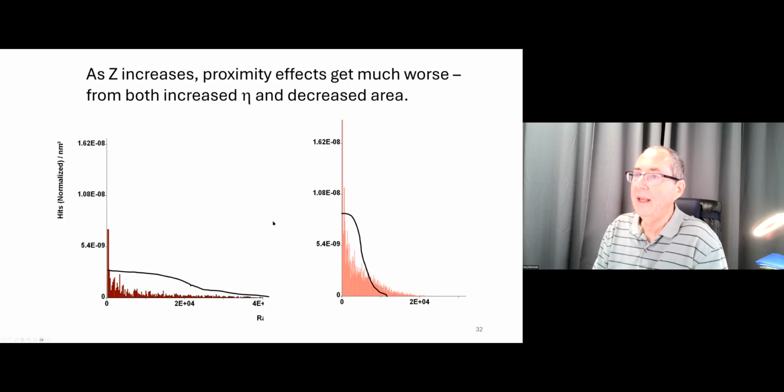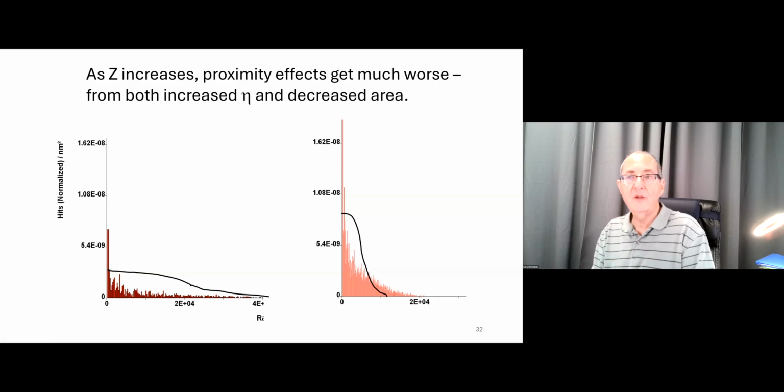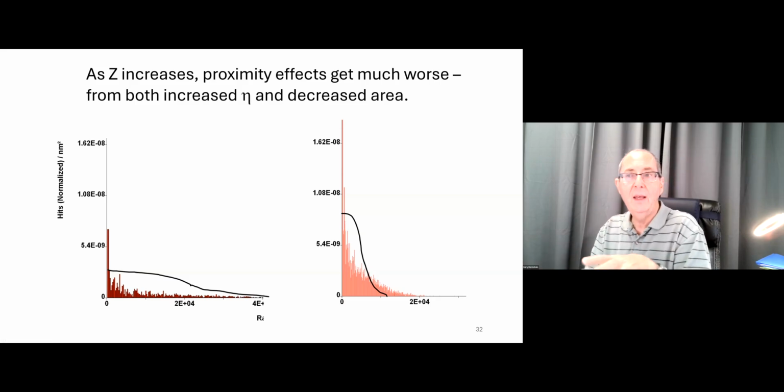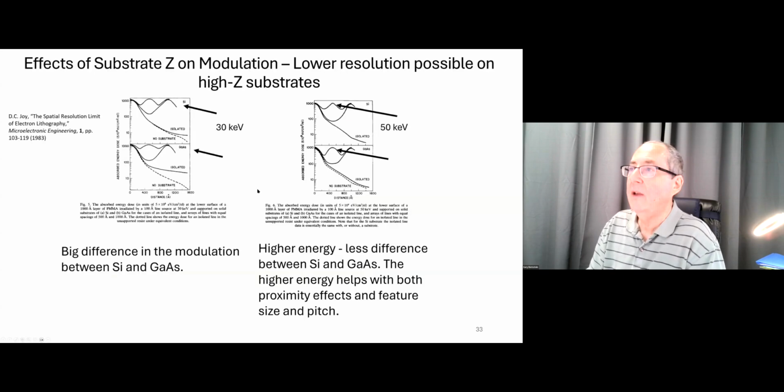And what it basically says is that on silicon, you get the backscattered electrons over a much wider region and at a much lower amount than on gallium arsenide, where they're much higher and much more concentrated near the beam, which means much more concentrated in the region where you have multiple patterns that can be damaged by the backscattered electrons.